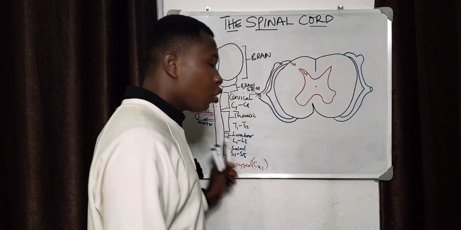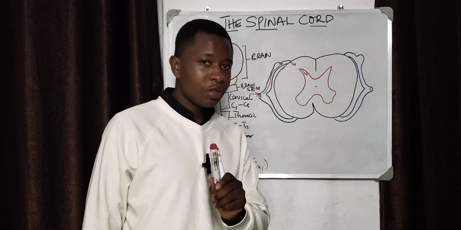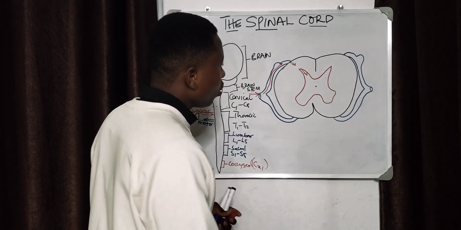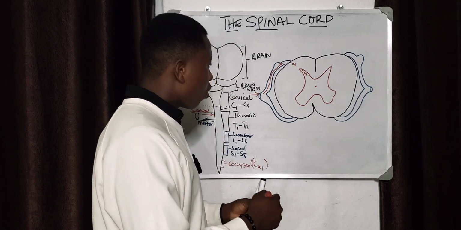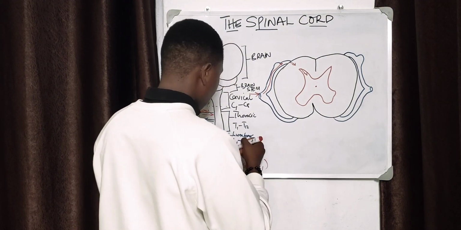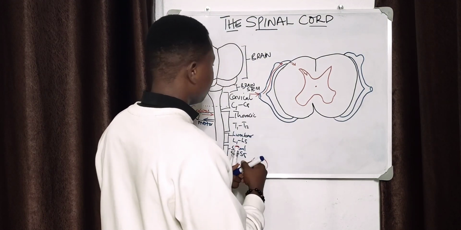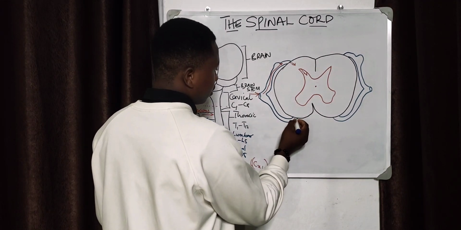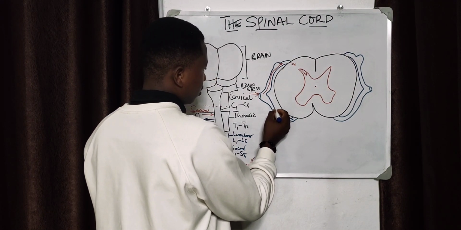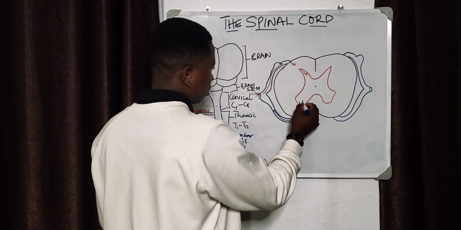Now, this motor information, right? The motor information will always leave, since it will always leave the spinal cord, it goes the opposite direction of the sensory nerves. So it goes, the information goes this way, out.